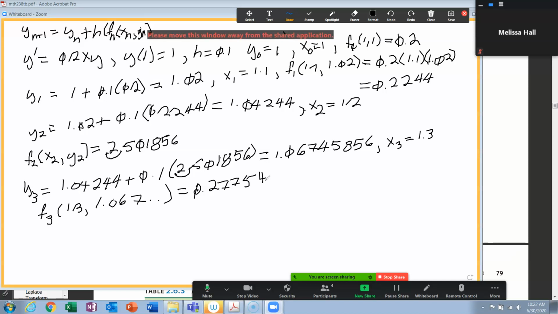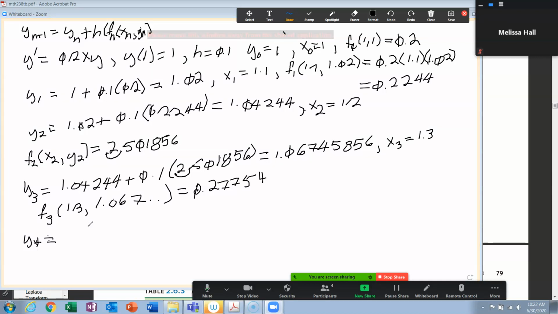The y sub 4 is miserable writing. Yes, then, okay. The y sub 3, which is your 1.06 that I'll write down later, plus the 0.1 times this number right here.